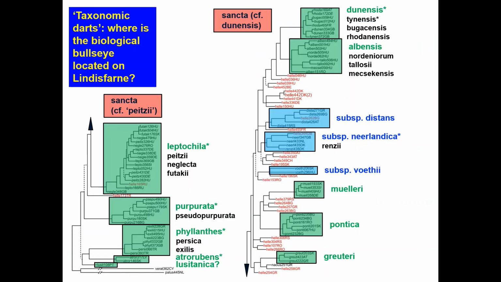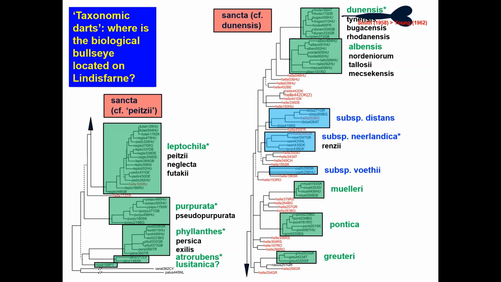But what I want to do, a little mischievously, is play taxonomic darts with Epipactis sancta and look at how, over the last 25, 30 years, different taxonomists have treated this one population on the island of Lindisfarne.